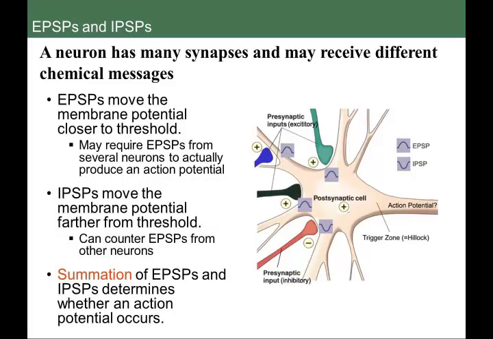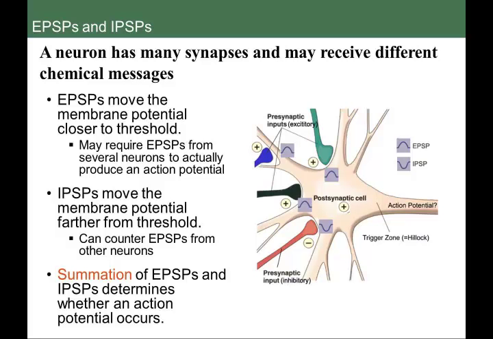So then how do we take all these graded potentials and cause the postsynaptic cell to do something or tell it to not do something? And so this is the process of what we call summation. So the postsynaptic cell is in essence listening to the input of all these presynaptic cells, some of them excitatory, some of them inhibitory.